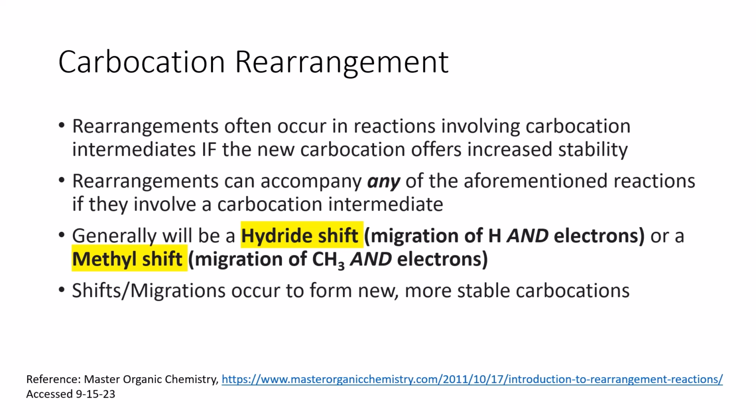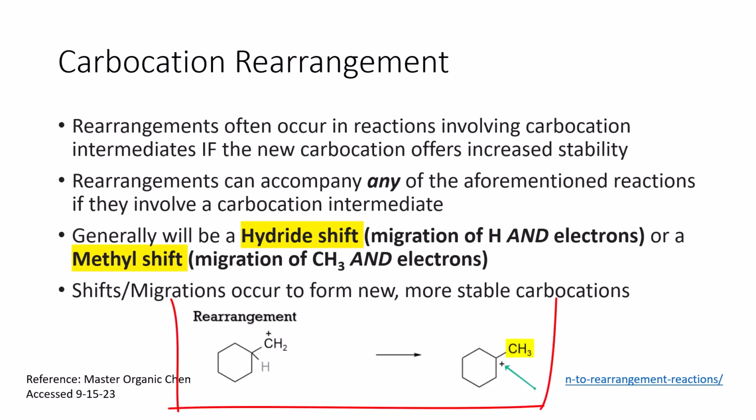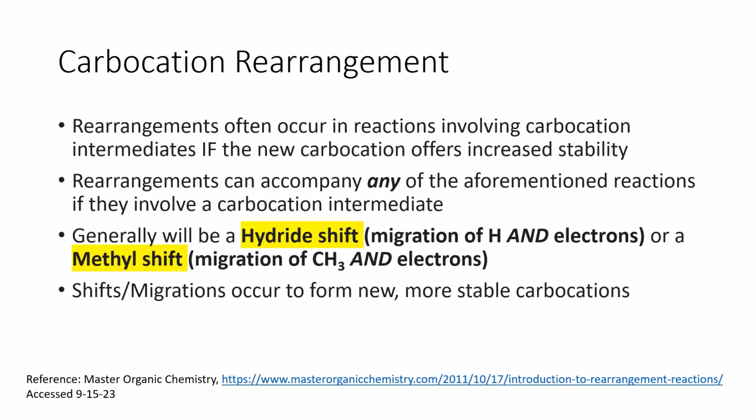Generally, your rearrangements are going to be either a hydride shift, like the last example shown on the previous slide, a migration of hydrogen and a pair of electrons towards a positive charge, or a methyl shift, which is the migration of a methyl group and its electrons towards a positive charge. These migrations happen again for stability. If you can go from a less stable carbocation to a more stable carbocation through a rearrangement, that rearrangement is going to happen.